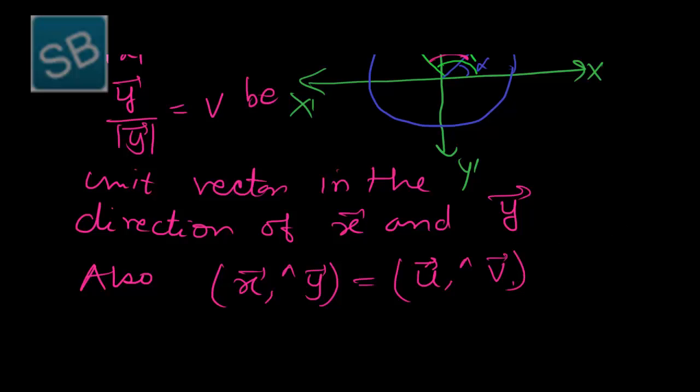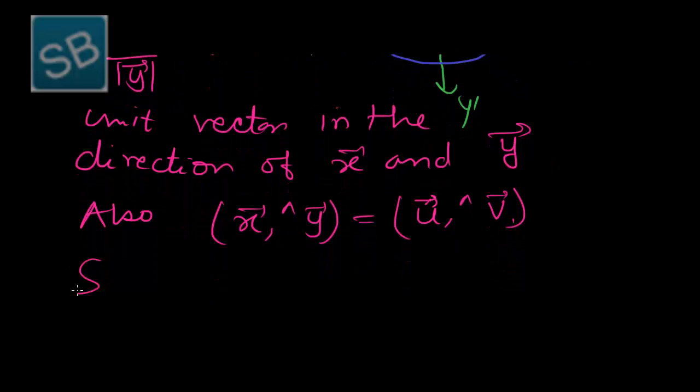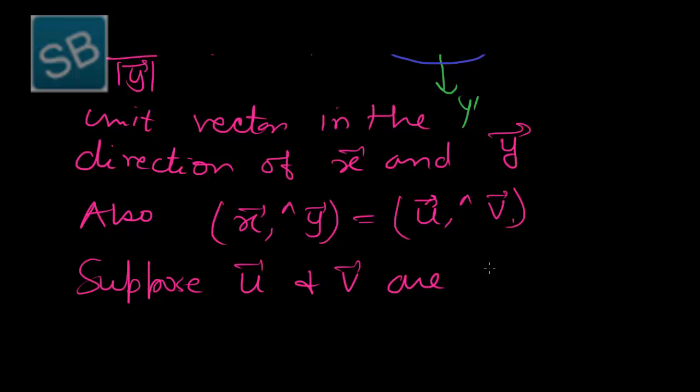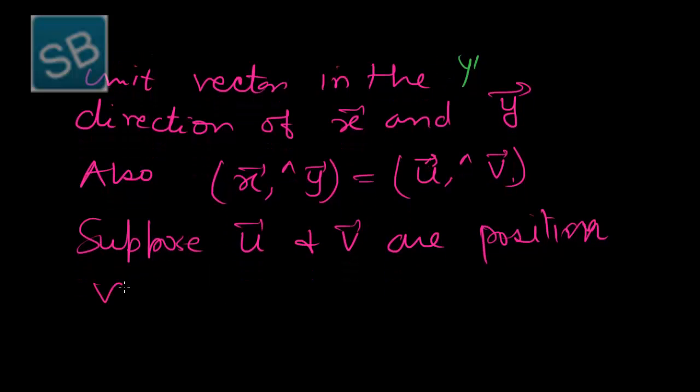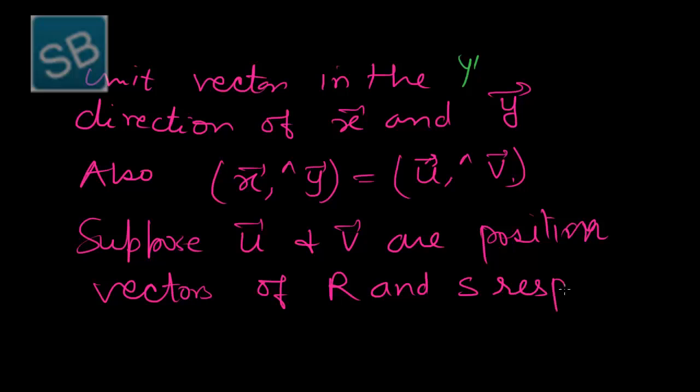So suppose u and v are position vectors of R and S respectively.